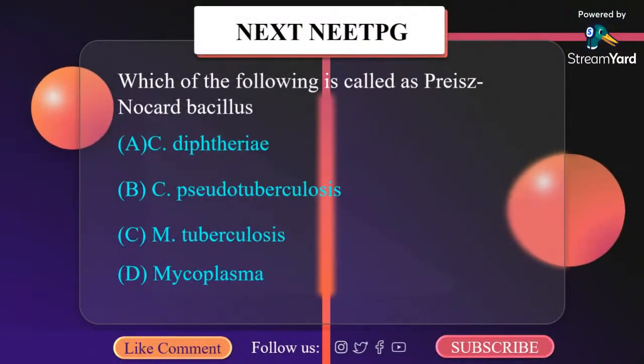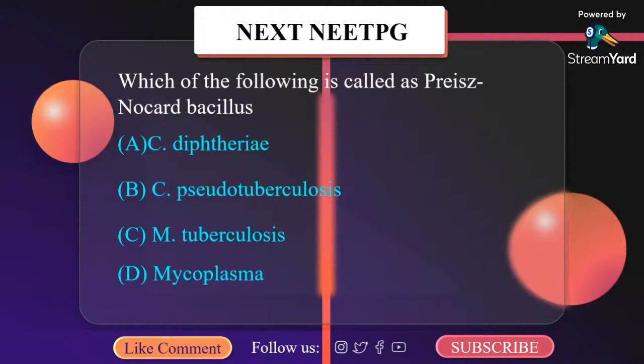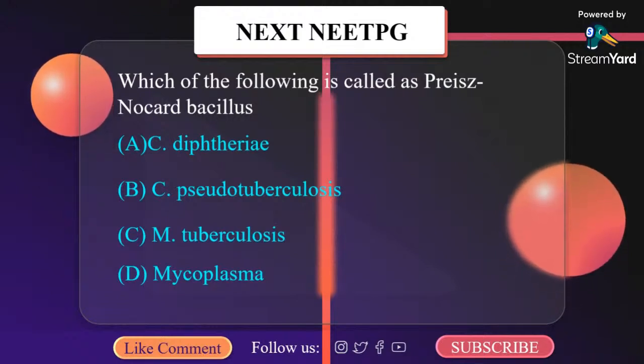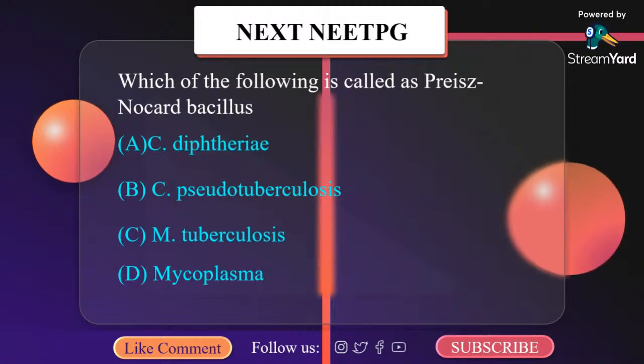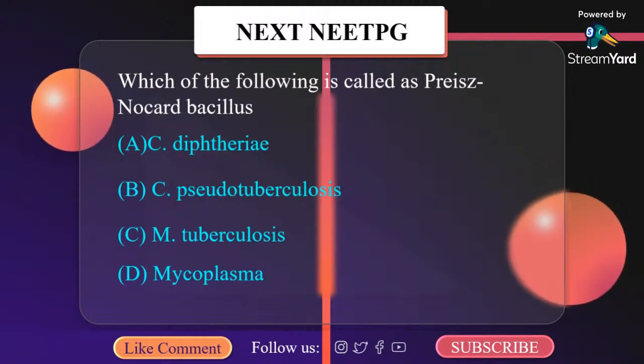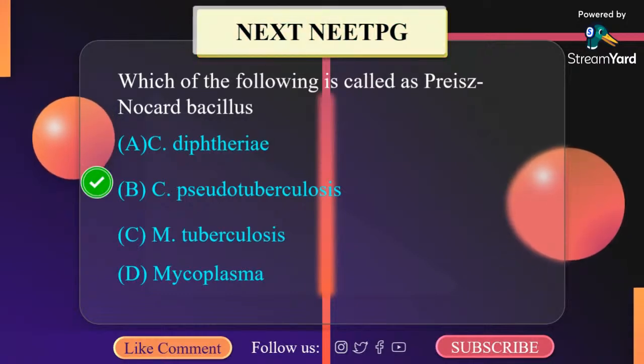Which of the following is called Preisz-Nocard bacillus? Preisz-Nocard bacillus is Corynebacterium pseudotuberculosis.